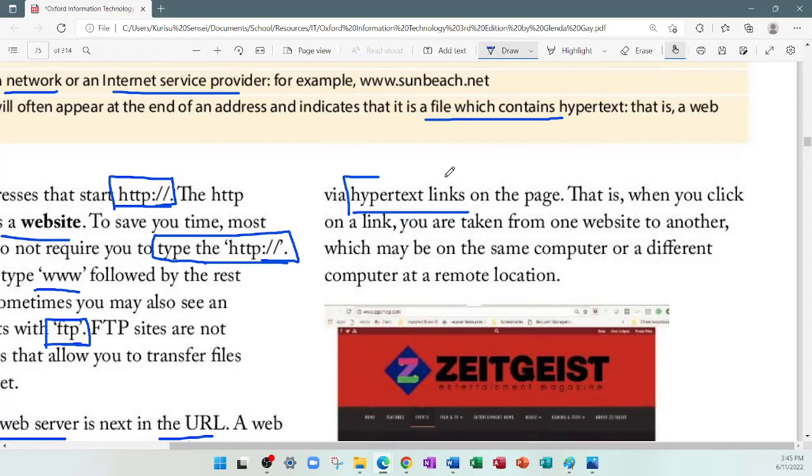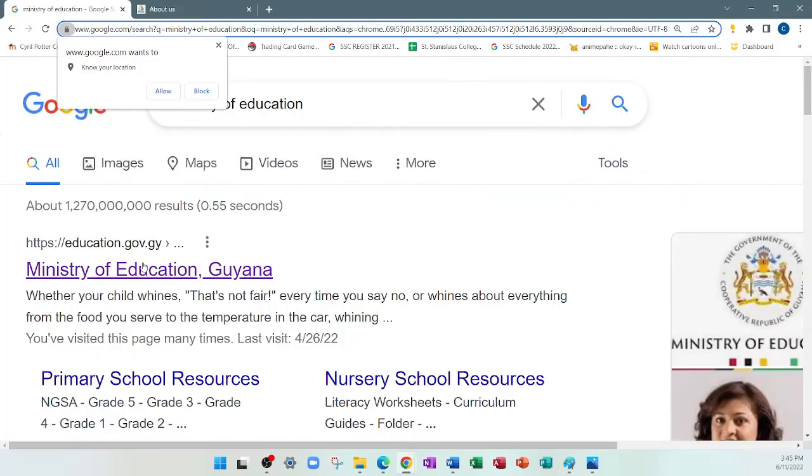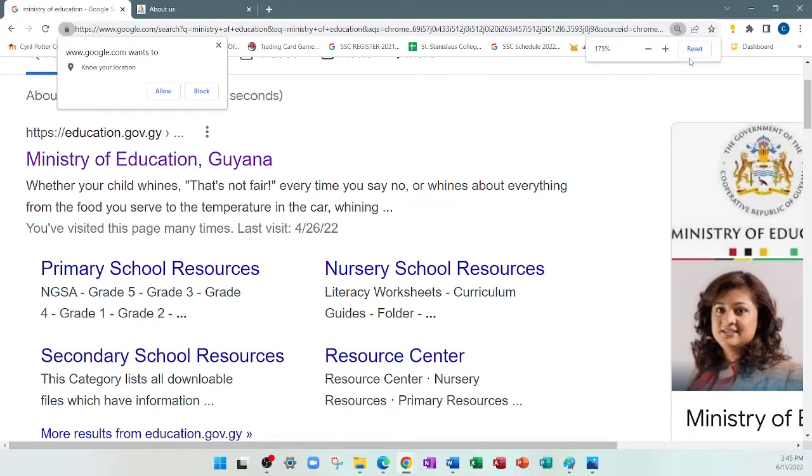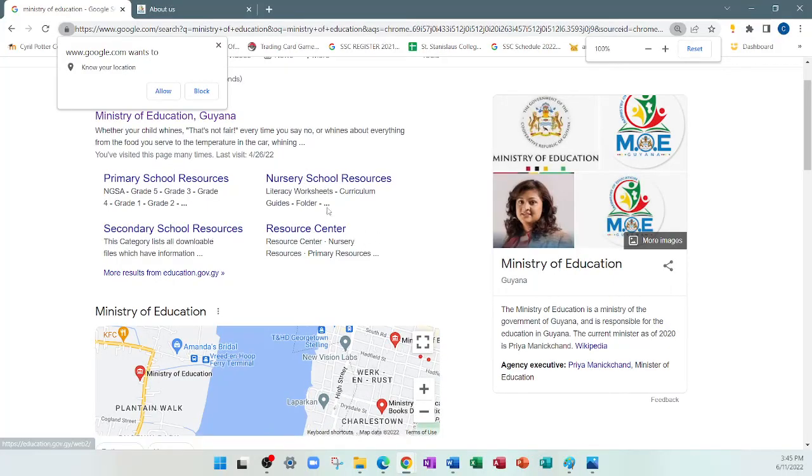What is a hypertext link? A hypertext link is basically a link that takes you to another page. Those are usually in blue. So anytime you Google search something and you see all of this text in blue, when you hover over it, it underlines. Those are hypertext links.